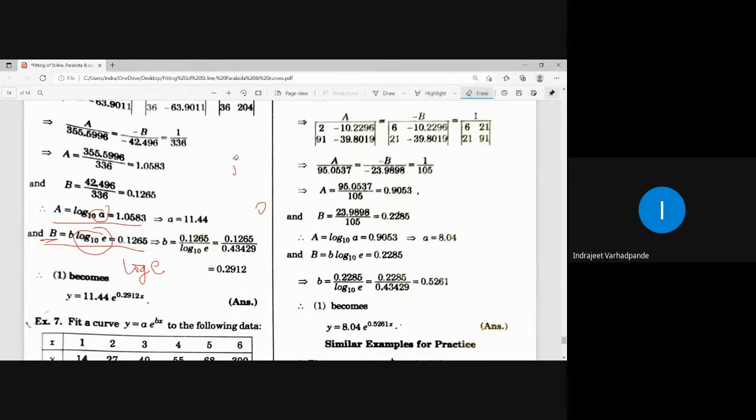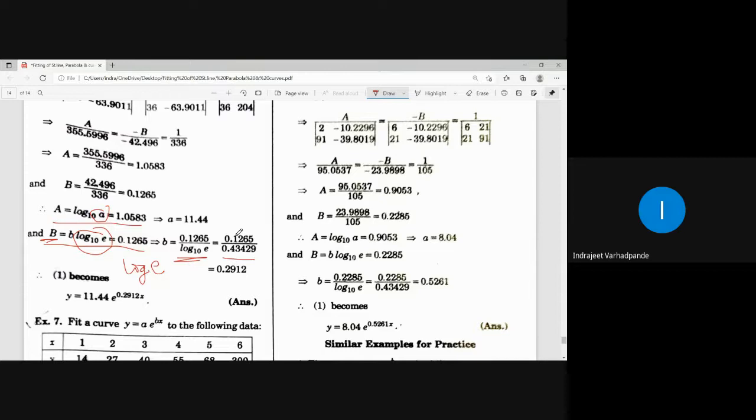So without overthinking, what do you do? b is equal to capital B upon log e to the base 10. Log e to the base 10 means, while calculating this value, press log and take the exponential term e. The answer you will get is 0.43429.